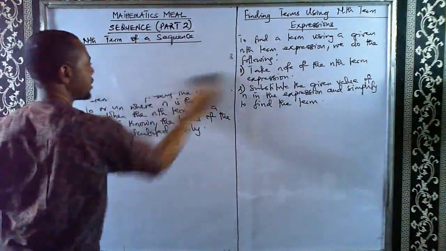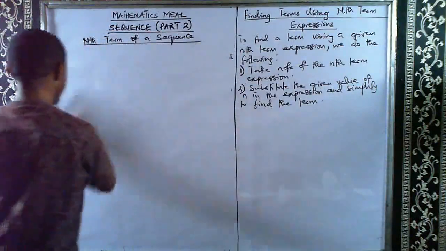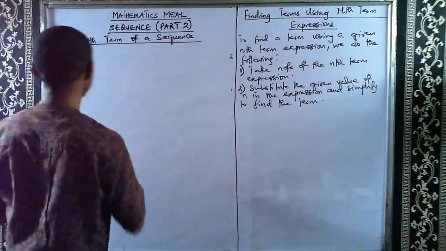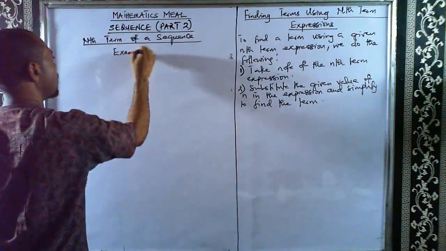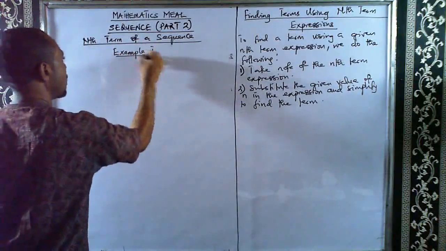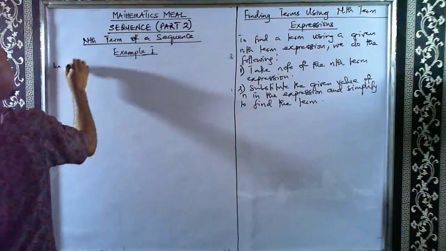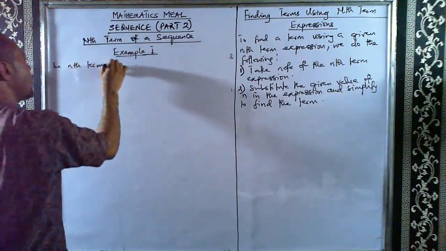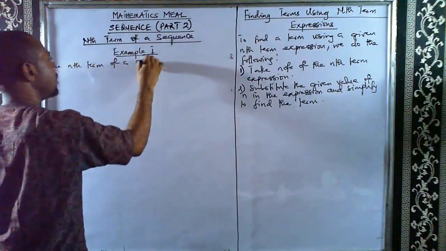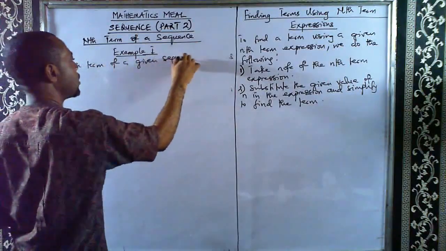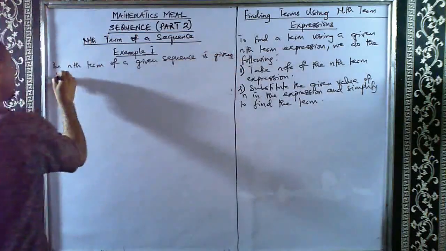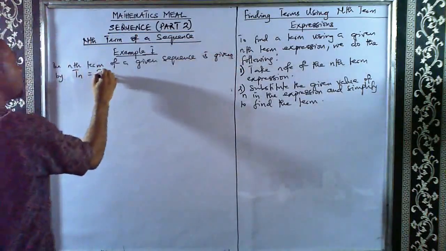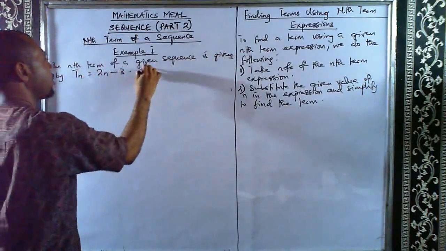So we take example 1. Let's take example 1. The n-term of a given sequence is given by Tn equals 2n minus 3.